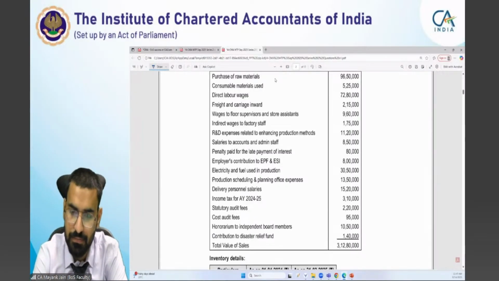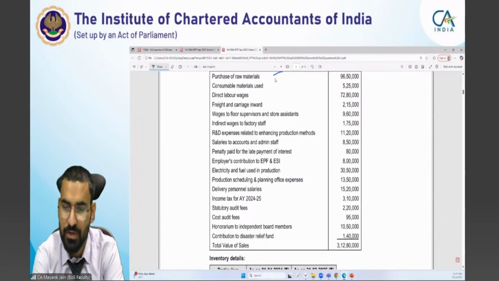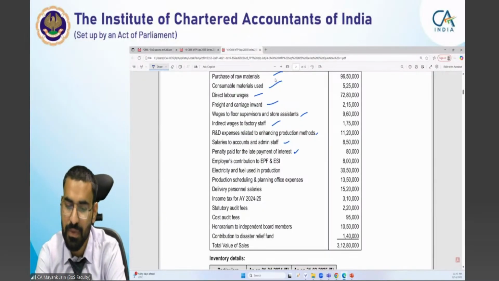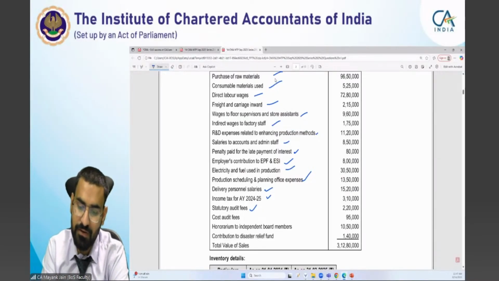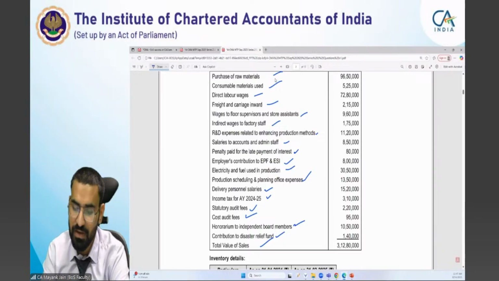Purchase of raw material, consumable material used, direct labor wages, freight and carriage inward, wages to floor supervisor and the store assistant, indirect wages to factory staff, R&D expenses related to enhancing production methods, salaries to account and the admin staff, penalty paid for the late payment of interest, employer's contribution to EPF and ESI, electricity and the fuel used in production, production scheduling and the planning, office expenses, delivery and the personnel salaries, income tax, statutory audit fees, cost audit fees, honorarium to independent board members, contribution to disaster relief fund, and the total value of sale.